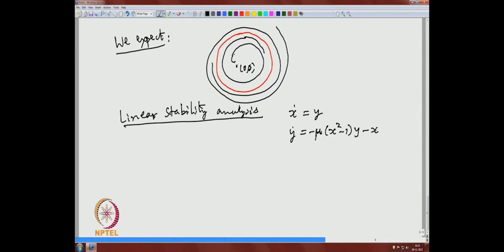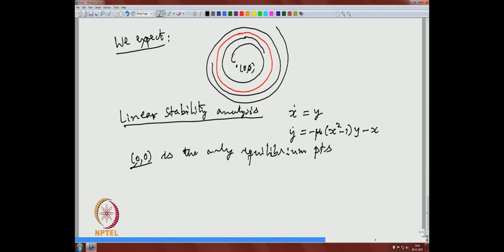Okay. So, if you solve again the right hand side equal to 0, the first equation gives me y equal to 0, and if I put that in the second equation, that gives me x equal to 0, whatever may be mu. 0 0 is the only equilibrium point. So, hence isolated. Even in the previous case they are all isolated equilibrium points.